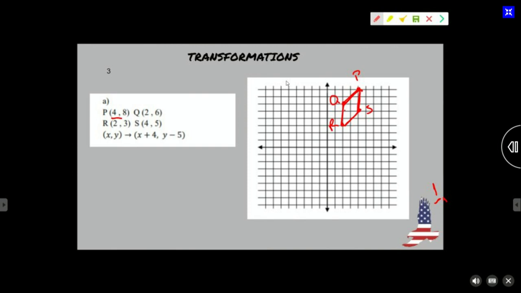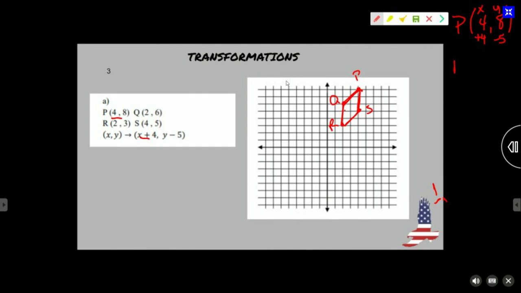P is (4, 8). 4 is my X, 8 is my Y. What do I need to do to that 4? What does my rule say? X plus 4, so I have to do plus 4. What about the 8?